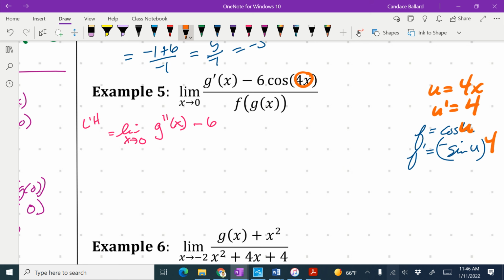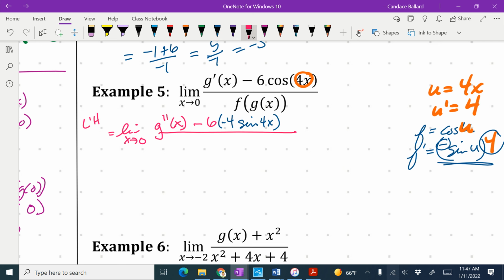And I know I could do that pretty fast now, because we should be able to do it pretty quick. All right, I'm going to go ahead and rewrite this over here. So it is, I'm going to write it as negative 4 because of the negative in front times the 4, sine of u, which is the 4x. Okay, and then that's all over.